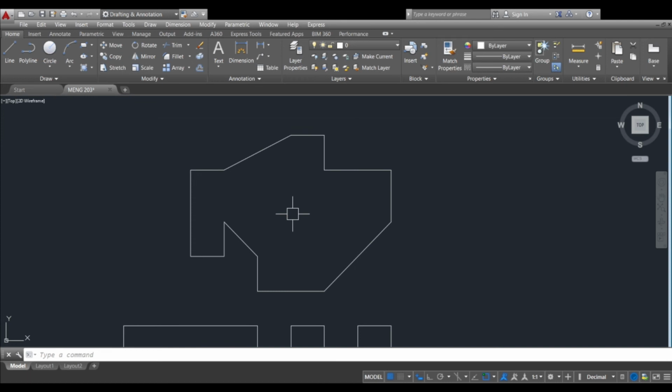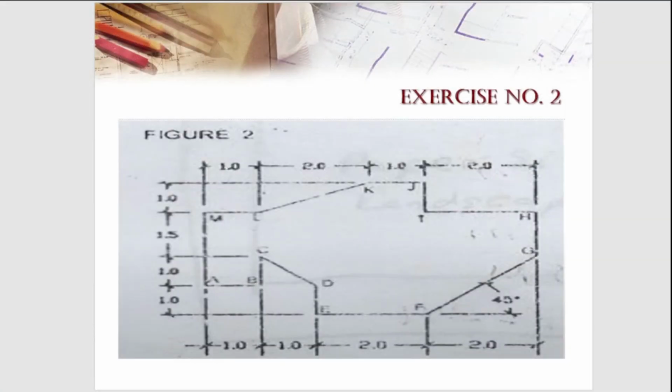So it will be closed if our angles and distance have exact values, no? Okay, so let's proceed to our next figure.